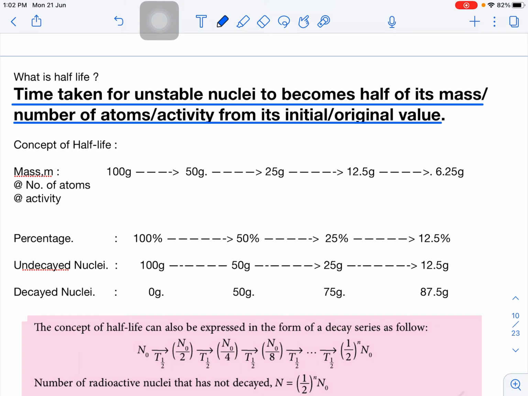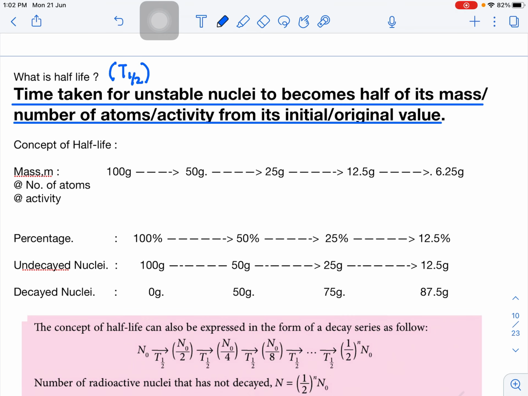That we call half-life. We can label the half-life using the symbol T half. This is the symbol for half-life.